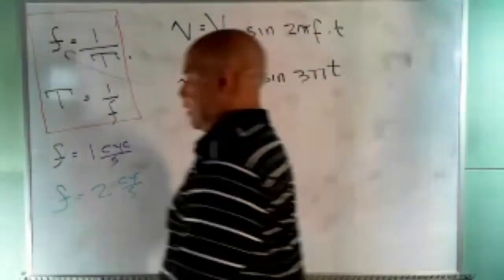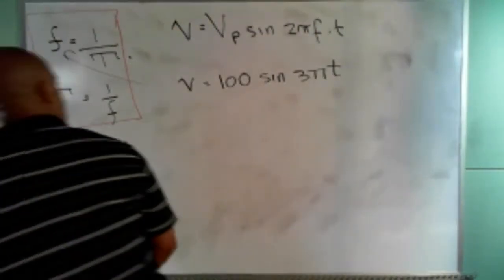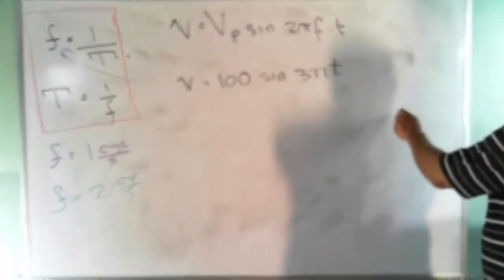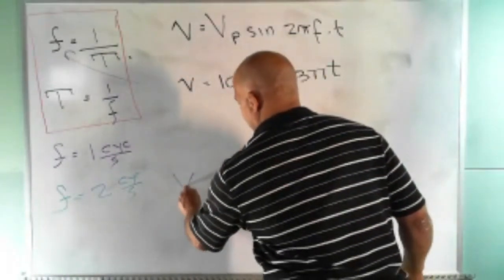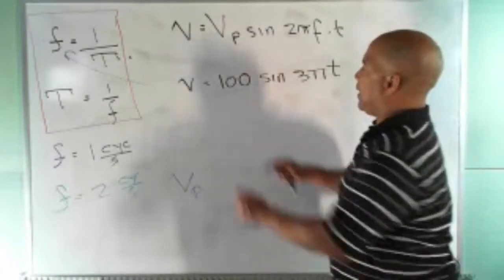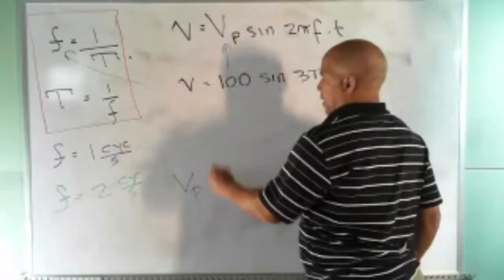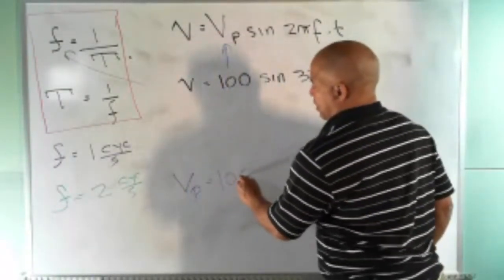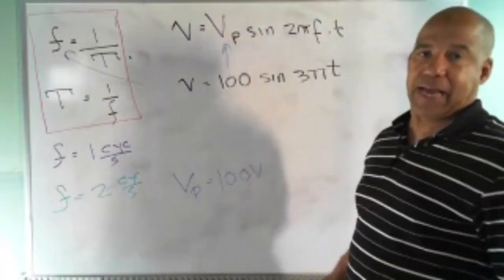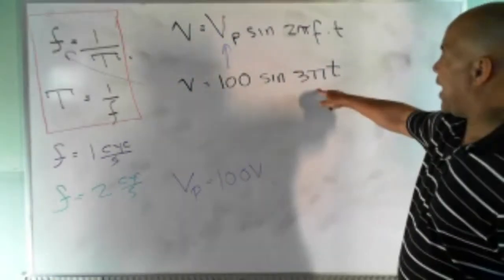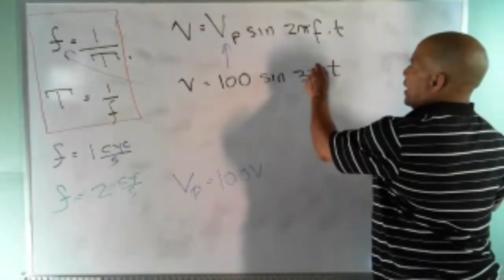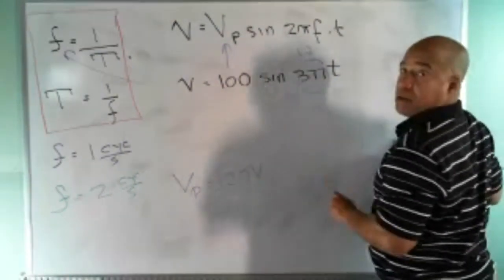Well, right here I can look at this and tell you my amplitude, my peak value. My peak value is 100 volts. So that generator can put out a maximum of 100 volts. What else can you tell me? Well, looking at that, that's this right here, that's omega, right?